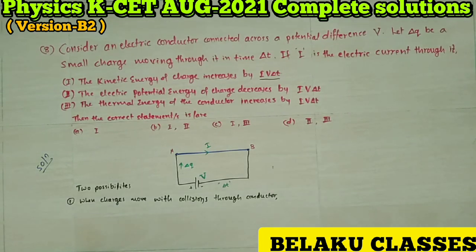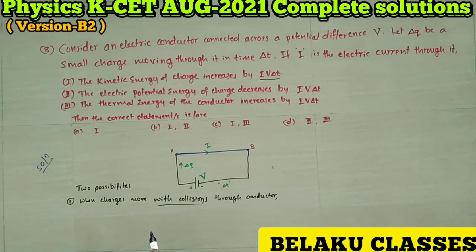Here we find two possibilities. One is when charges move with collisions through this conductor. As the charge flows from higher to lower potential, its potential energy decreases while the kinetic energy increases, and the kinetic energy is transferred to the conductor, which increases the thermal energy because of these collisions.